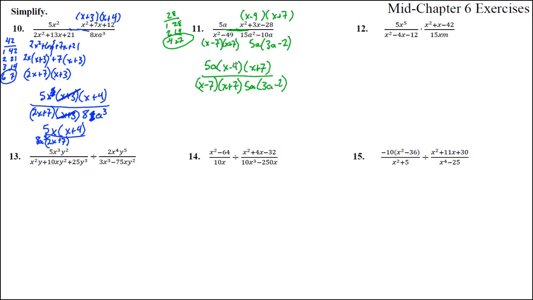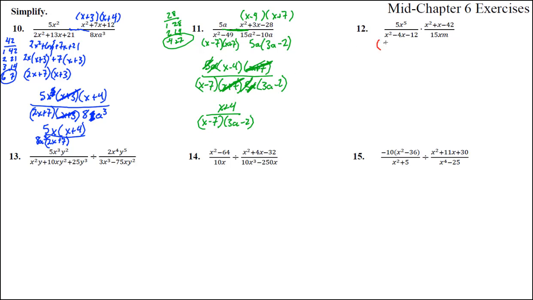All right, so the x plus 7s go away. The a's go away. Oh, and the 5 and the 5. So we're left with an x minus 4 up on top over x minus 7 times 3a minus 2. I don't think anything else can cancel there. Good. All right, number 12.